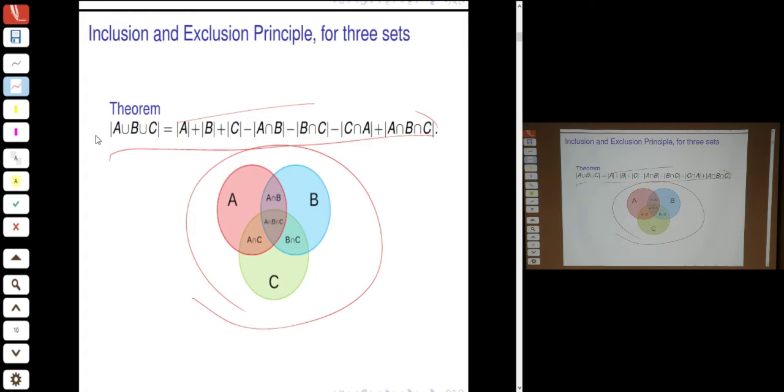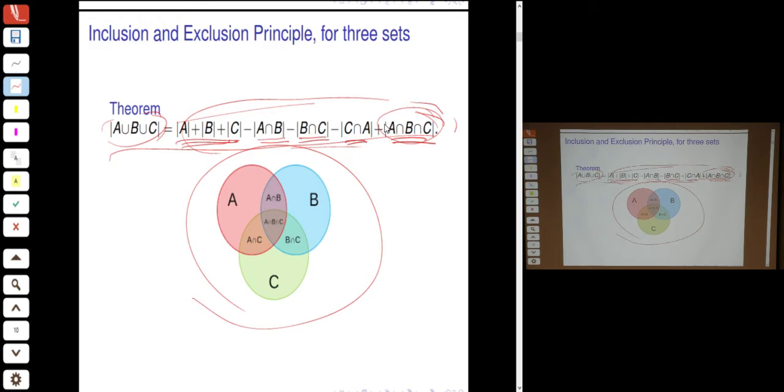Then you just adjust the areas of the overlaps so that it gives you the total area of the three circles taken together. Notice that for the single circles it is positive, for pairwise overlaps it is negative, but then again you have to adjust back for the three-way overlap by a positive amount.